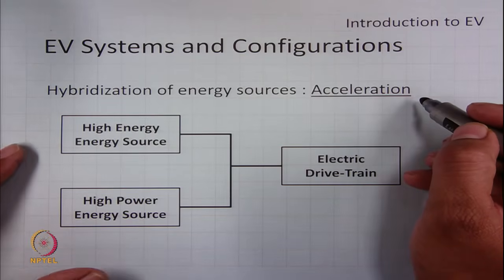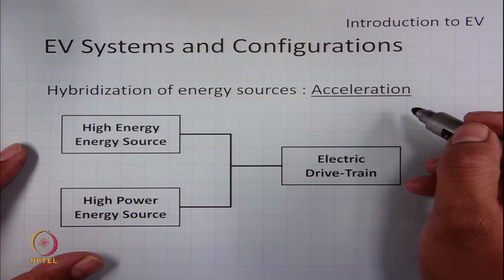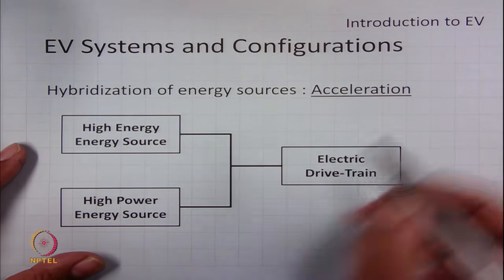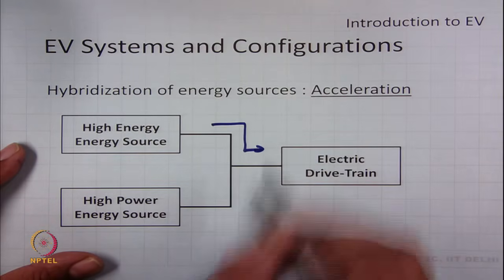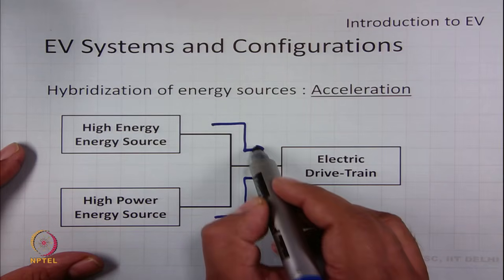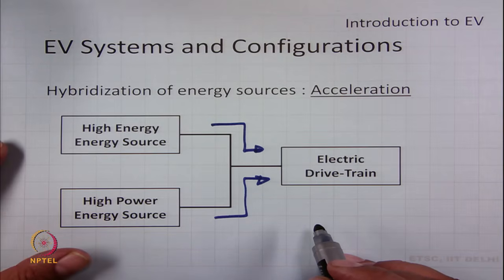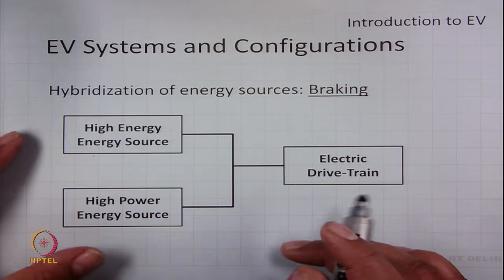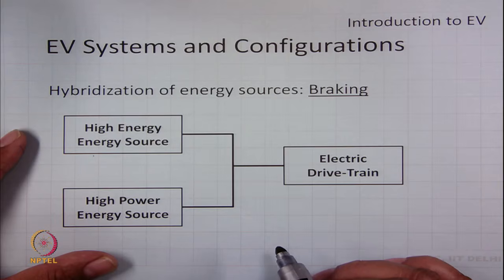During acceleration, we want the system to be fully utilized. Therefore, during acceleration, both the systems will deliver power or energy to the drivetrain, such that the system operates at a very high power rate. During braking, the energy has to be absorbed very quickly.